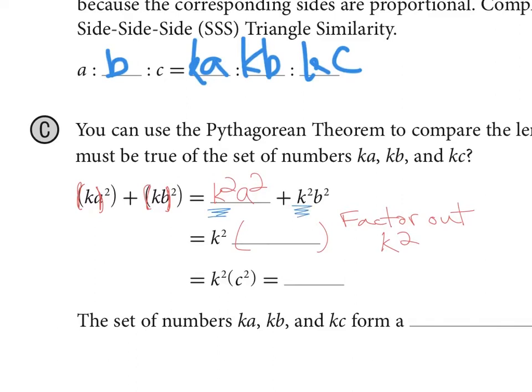If I factored that out, I would get a squared plus b squared. And you guys, by definition of my a squared plus b squared equals c squared Pythagorean theorem, I could say that a multiple of a Pythagorean triple of any kind is also going to be a Pythagorean triple.